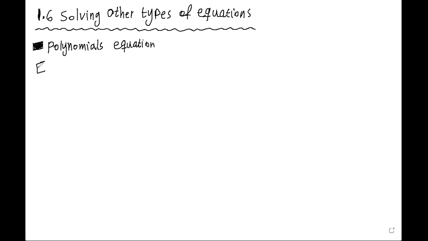So example, solve the polynomial equation by the factoring way.